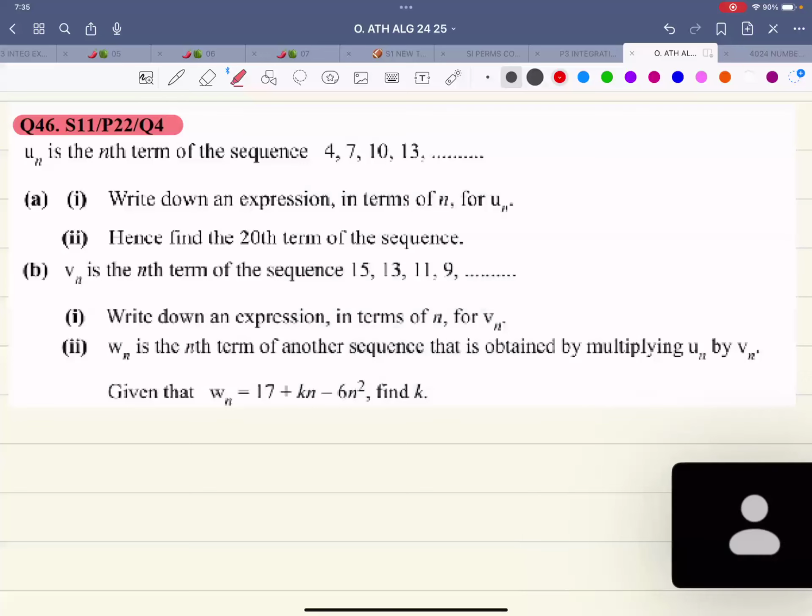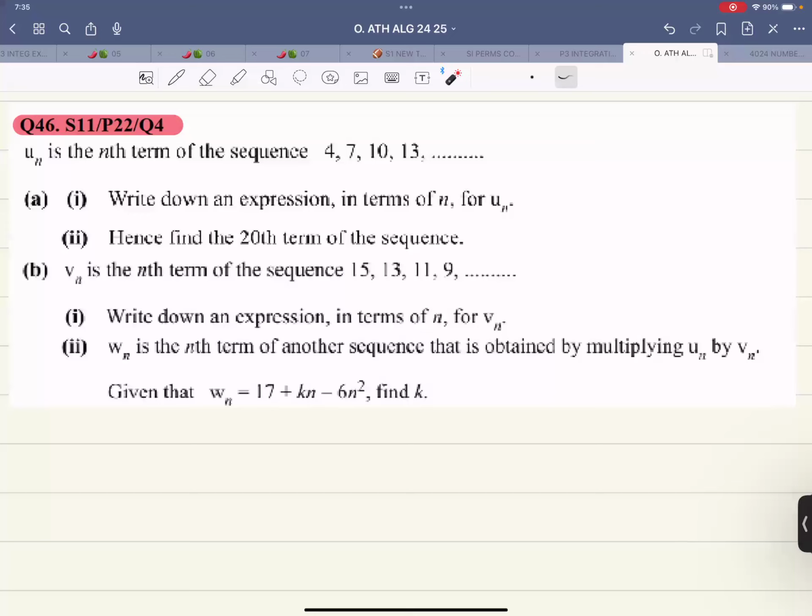So now let's look at this question. The question says U subscript n, just like T subscript n, that is the nth term of the sequence 4, 7, 10, and 13. Part A part 1, write down an expression in terms of n for un. Now, the very first thing that you need to check is whether it's an arithmetic sequence or not.